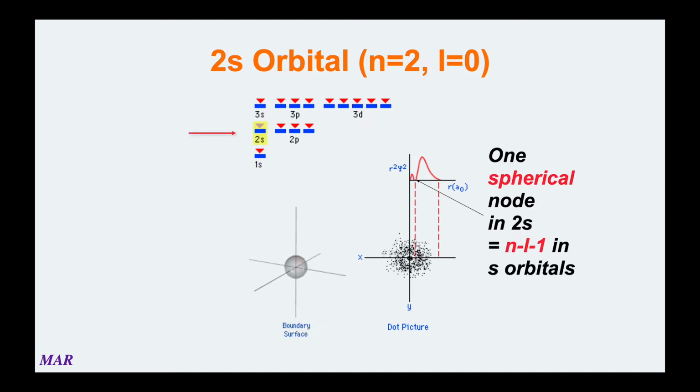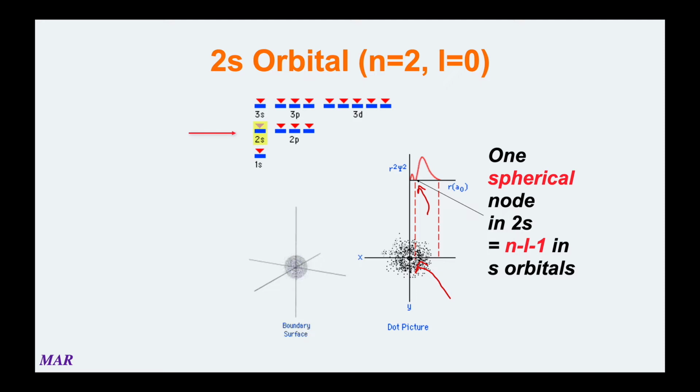Notice how small the 1s orbital is. The 2s orbital is bigger. The n value is proportional to the size, more or less. So 2s is bigger than 1s, 3s is bigger than 2s, etc. If you look in this two-dimensional representation on the right-hand side, there's a white circle in the middle of a dark black circle and the other black stuff around it. That's one of the spherical nodes, and it's represented right there in this graph. 2s has one spherical node.